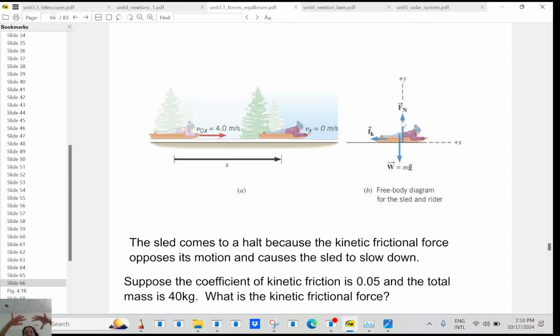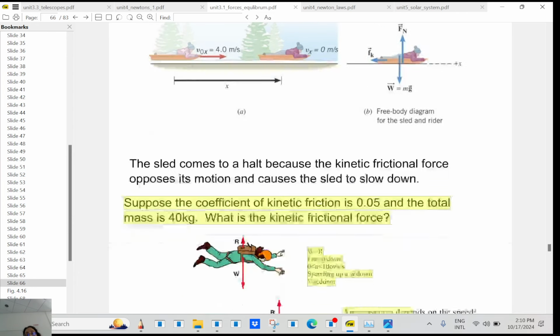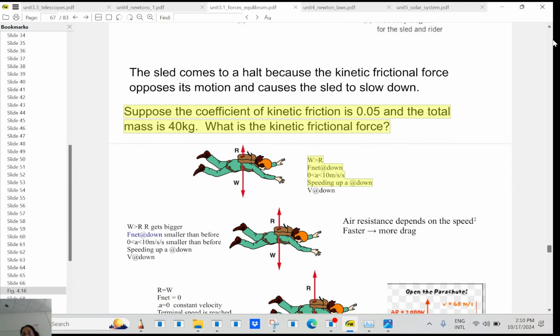The floor, or the snow, is being pushed down, so it's going to push back up. Right? So that's called the normal force. And then you have kinetic friction. So very easy here. What is the kinetic friction in that case? And you have the coefficient.